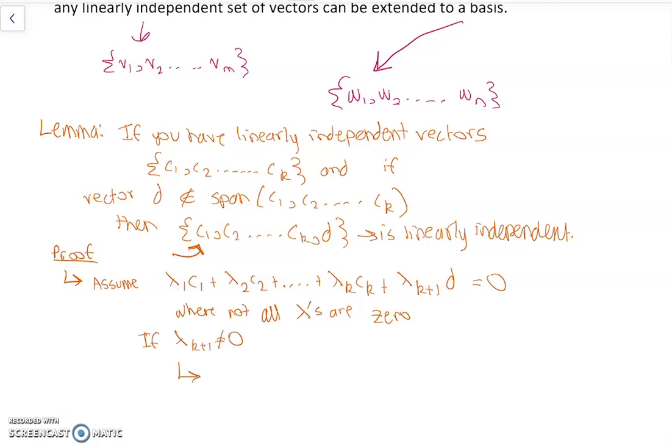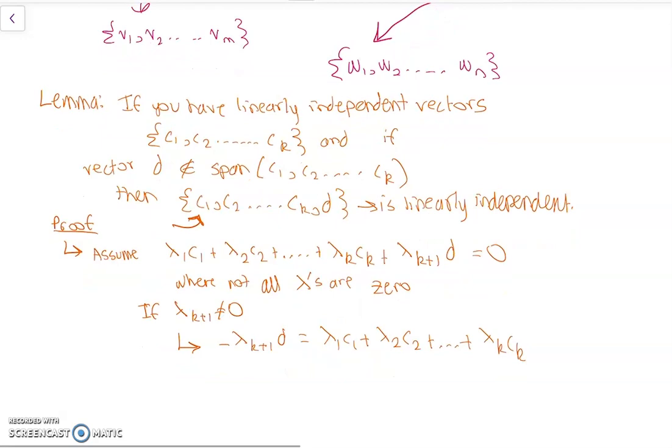what you can do is bring the lambda k plus 1 d to the other side. And now it turns out, since lambda k plus 1 is not 0, we can write d as a linear combination of the c's like this by dividing by negative lambda.